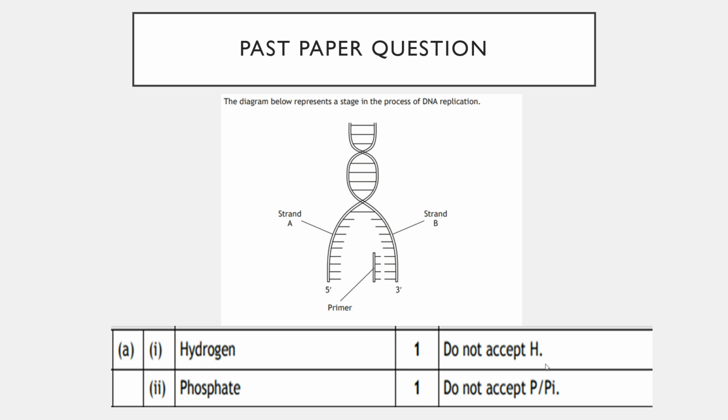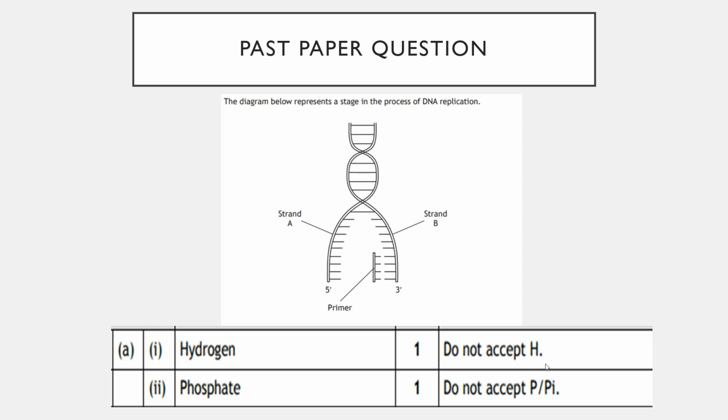Okay. For question A, which is the bond that holds the primer to the strand, remember it's the bond that is linking the bases together, just the bases appearing in the primer, which is a whole series of those nucleotides. And you have to be specific: it's hydrogen. H just represents a hydrogen atom, but you have to specify it's a hydrogen bond. Anytime you've got two bases coming together, they'll be linked by those hydrogen bonds.